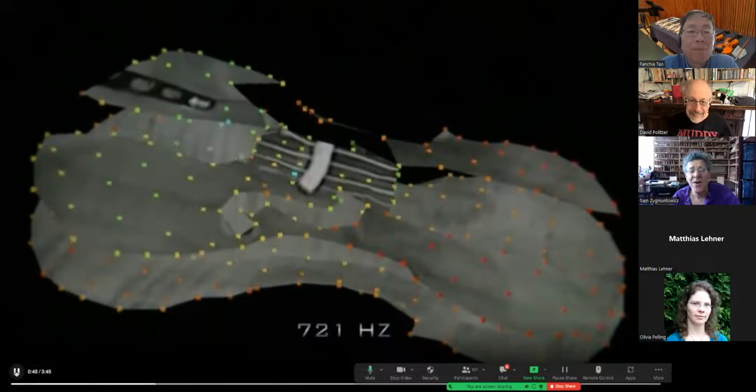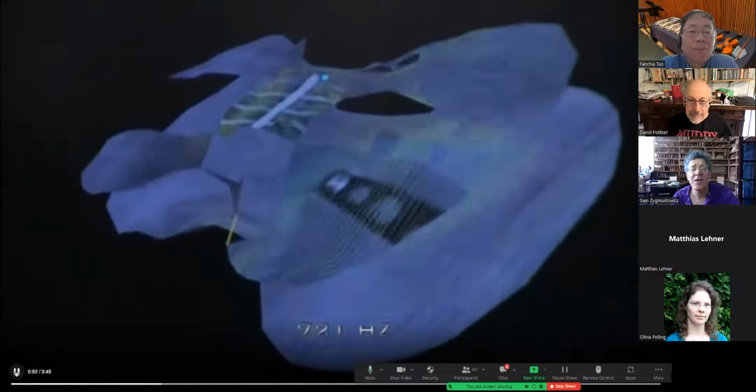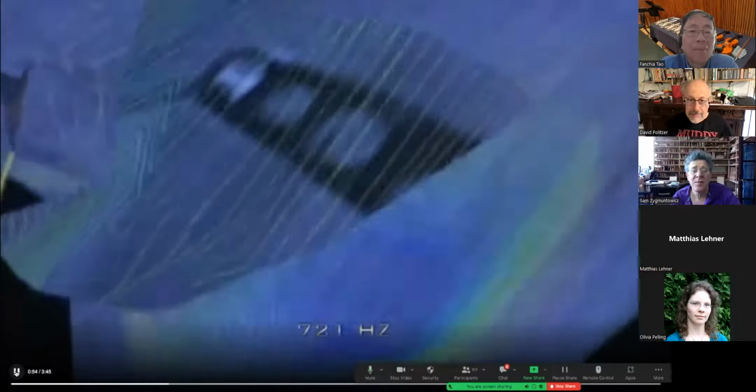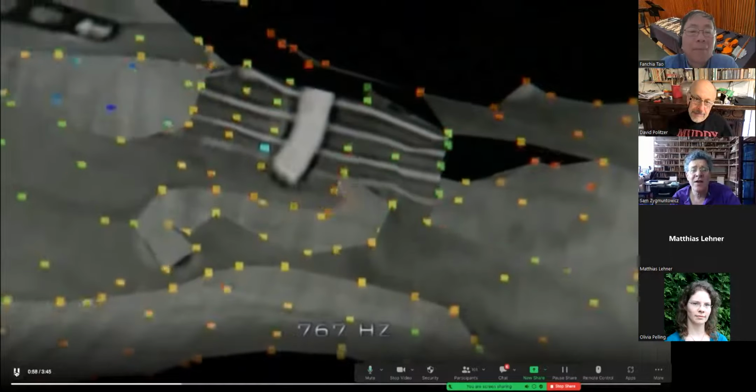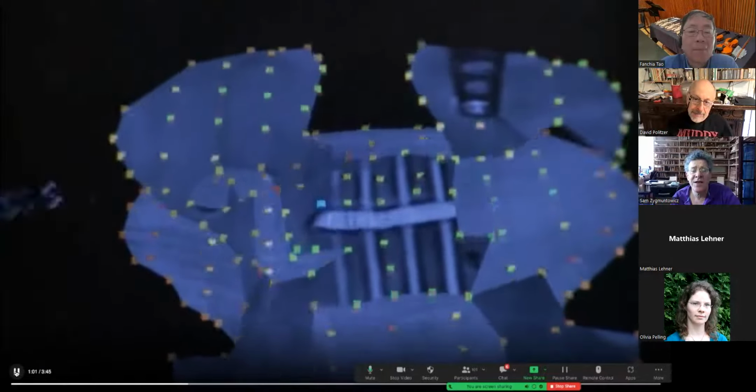But then as you get higher, like right here, you're getting kind of just a pumping whole surface. And then you get waving, and the wings start to get activated.